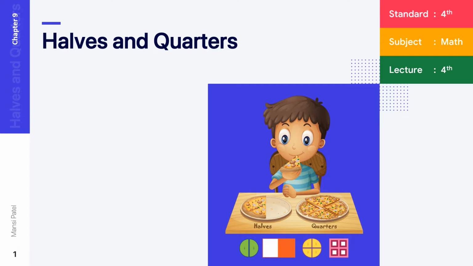First we study different types of fraction, and after that we study how we convert one type of fraction into another type. So let us start. Let us first see the types of fraction.